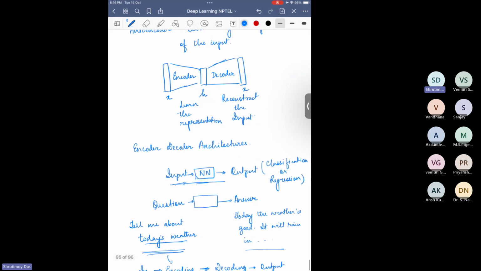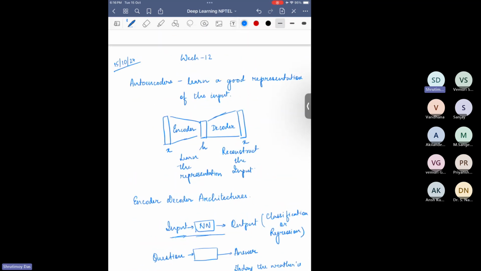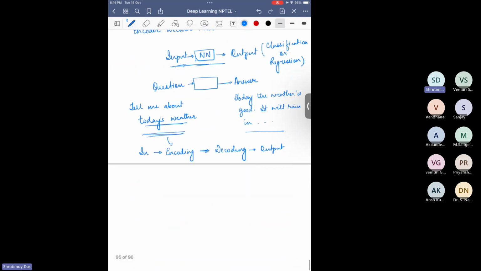Autoencoders were basically just learning the encoding of the input, but now given the input, you also have to produce the output. That is the difference between autoencoders and encoder-decoder type architectures. This encoding and decoding can be anything, in the sense that it will depend on what type of input data you have.